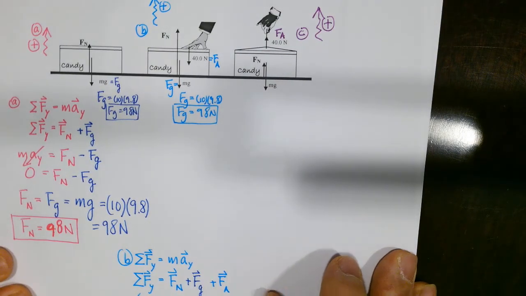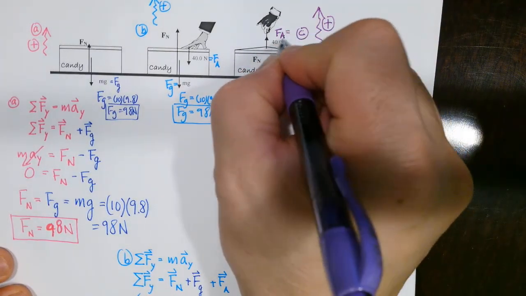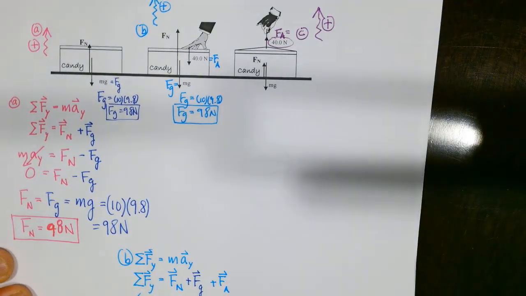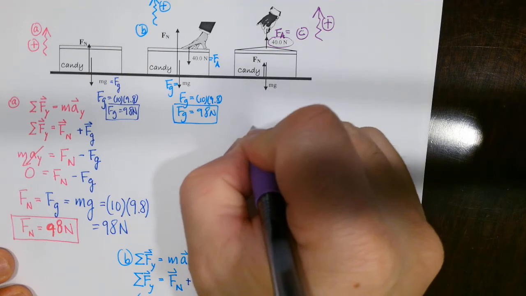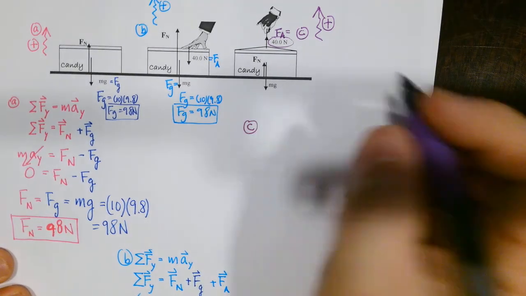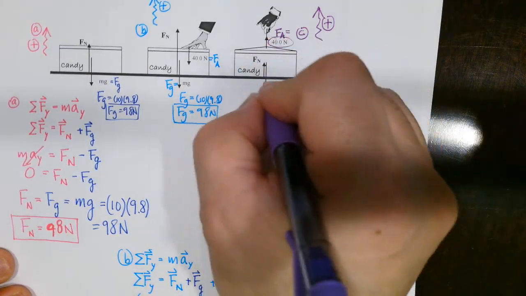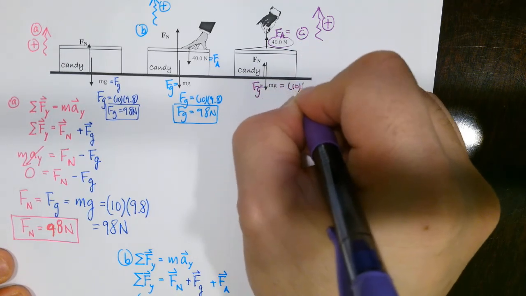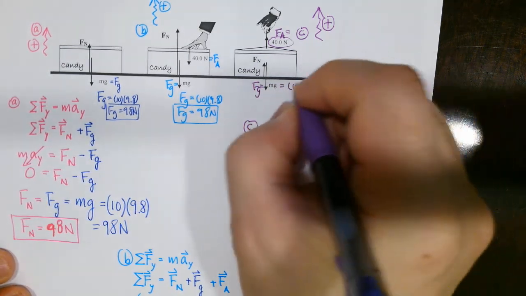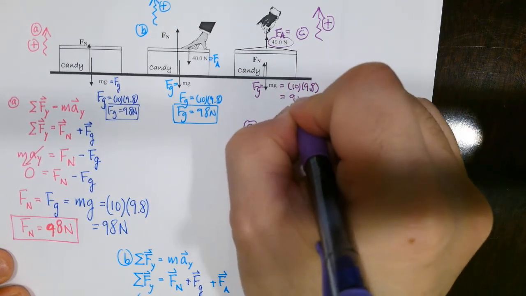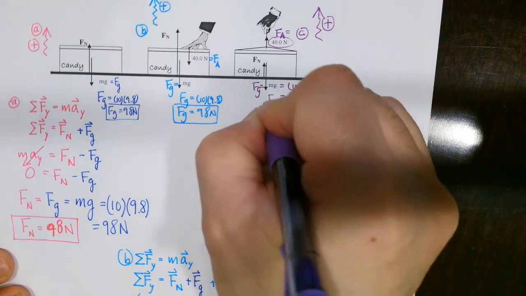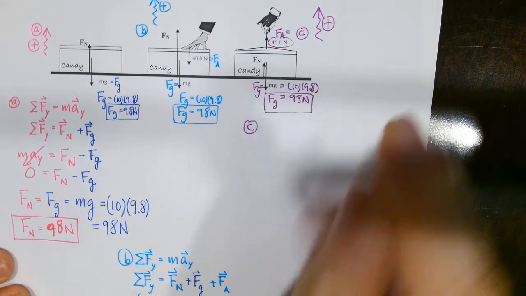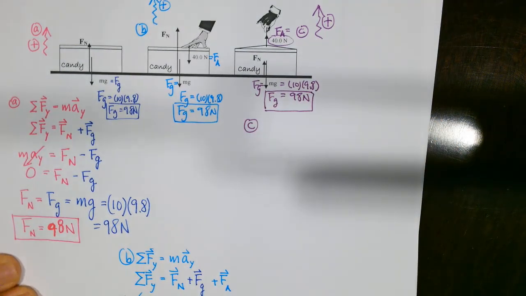So the FA is equal to 40 newtons, upward direction. So for part C, again, Fg is still going to be 10 times 9.8, which is equal to 98 newtons. So the weight doesn't change again because the mass didn't change. Okay?